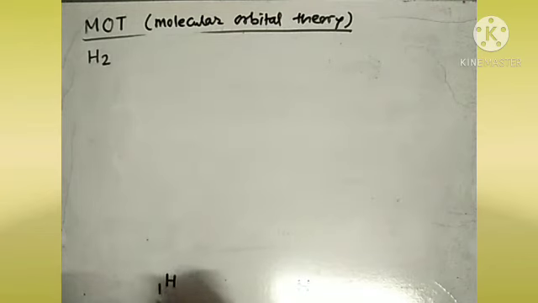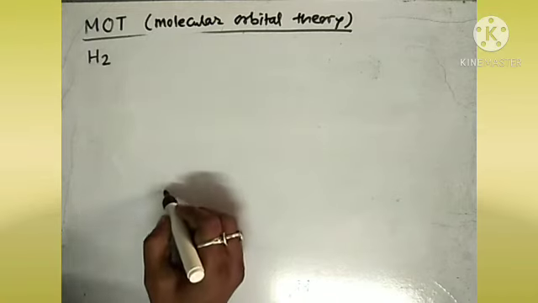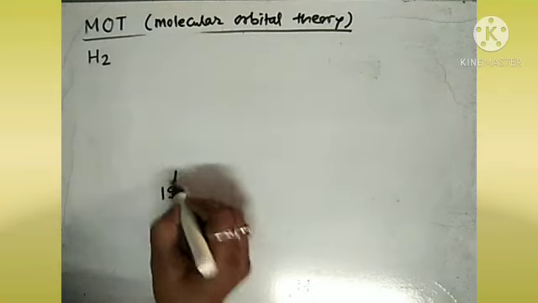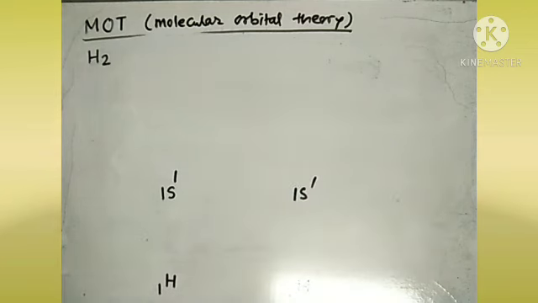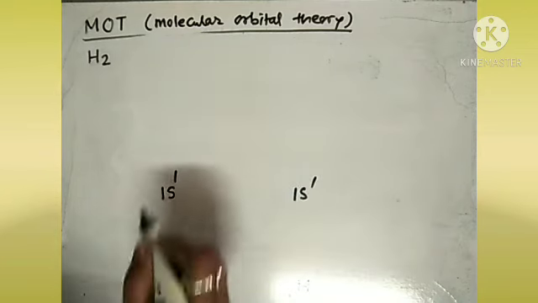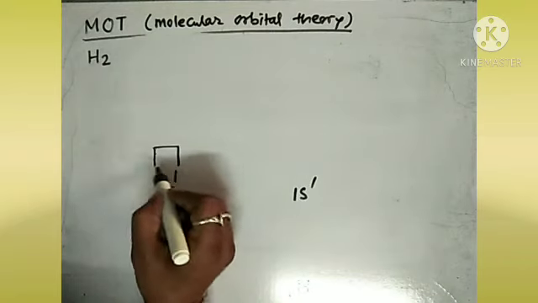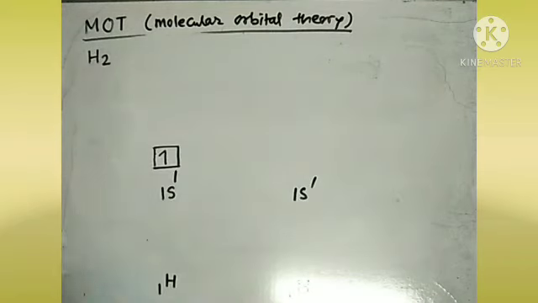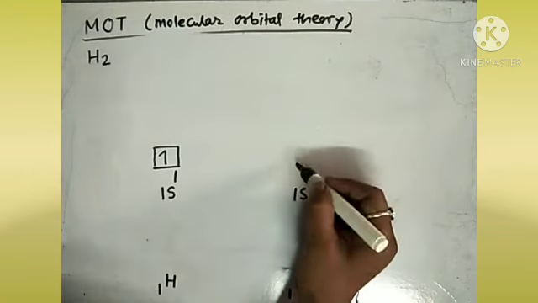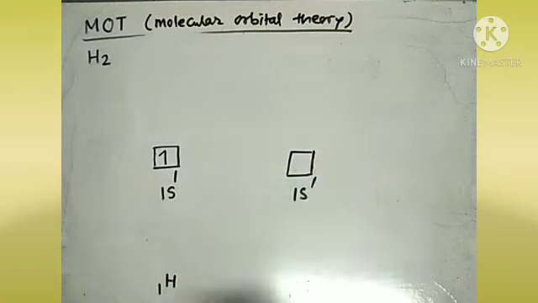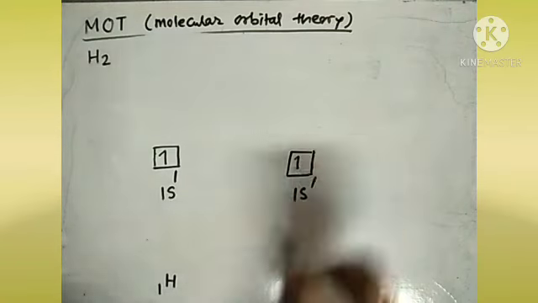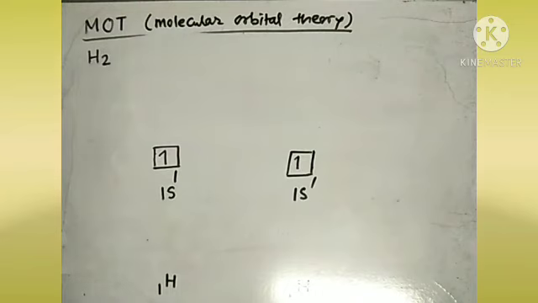Mention the atomic number, and now the electronic configuration, that is 1s1, and of course 1s1 for this hydrogen as well. So in the s orbital there is a single electron, and at the right hand side we have one more hydrogen, whose 1s orbital consists of one electron as well. So these are the atomic orbitals.